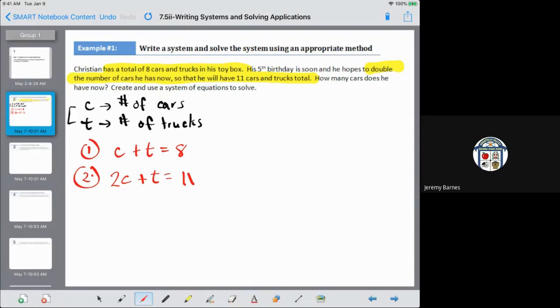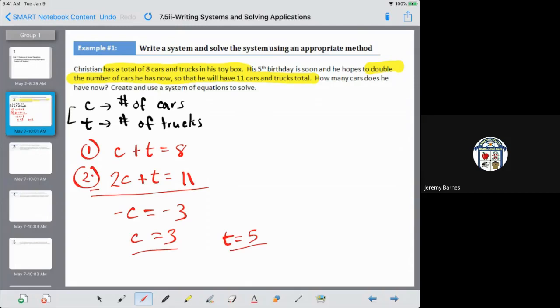I'm not going to spend too much time going through how to solve this, but if you were to solve this, it solves pretty easily using elimination. So you get 3 cars and 5 trucks, right?